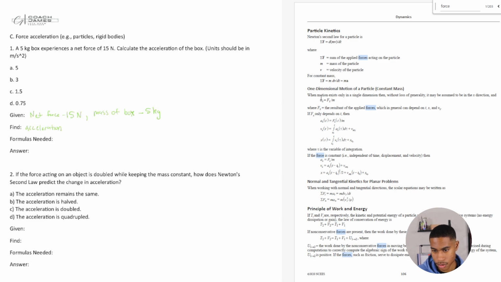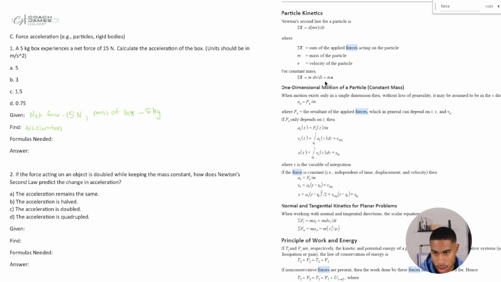All right, so we can see here the sum of the forces is equal to mass times acceleration. When motion exists only in a single direction, without loss of generality it may be assumed to be the x direction, a of x is equal to f of x over m.